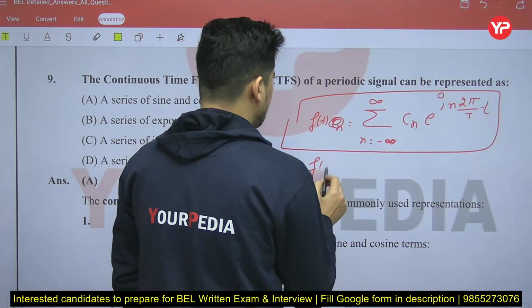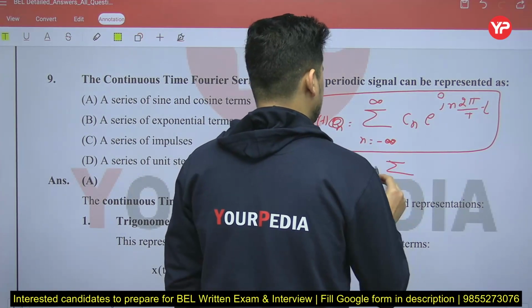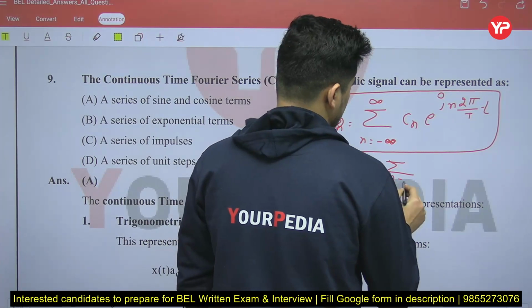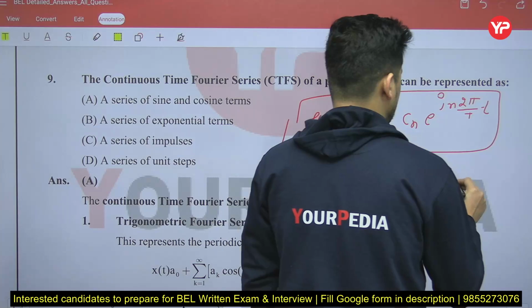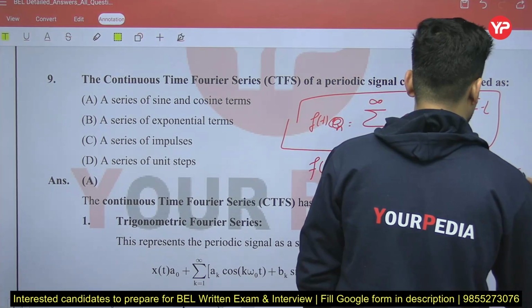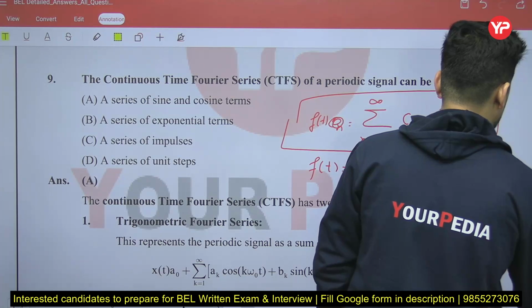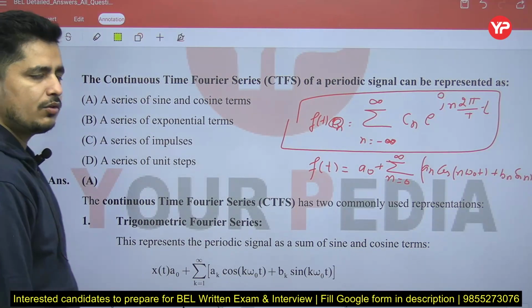The second is the trigonometric Fourier series. In the trigonometric Fourier series, we have a naught plus the summation n equals 0 to infinity of an cos of n omega naught t plus bn sine of n omega naught t. Basically there is an and bn. So we have two types of Fourier series.